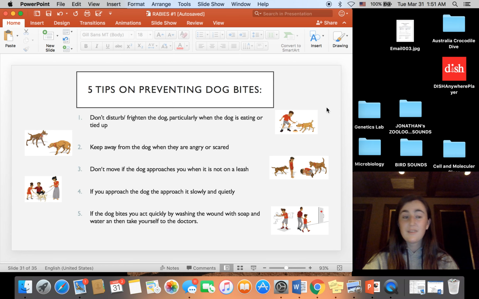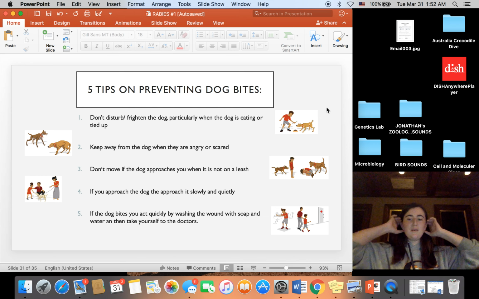Because if they feel like they're threatened, they're gonna try to attack you. So calmly and slowly walk to the dog, act friendly. Another thing that I learned is that if you put your hand out in front of it and let them smell you, it can also help keep them calm, and it gets them familiar with your scent, and so it makes you look friendly.